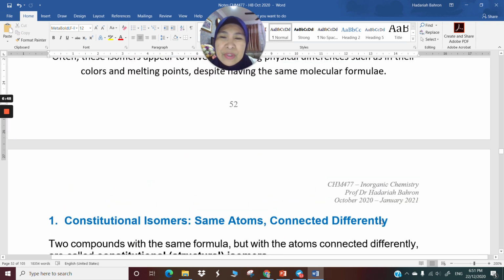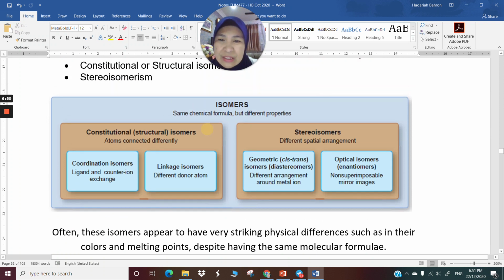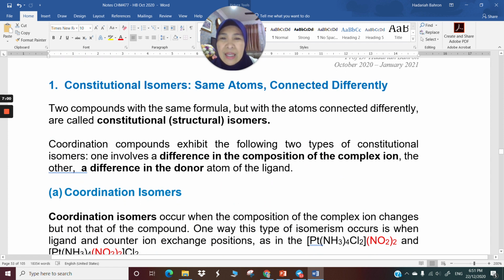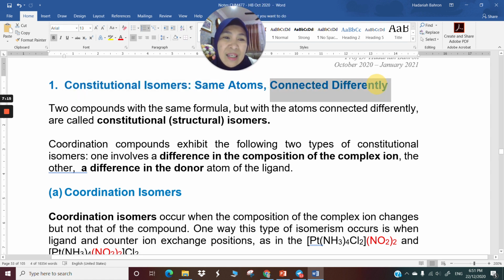Now, let's go through the first type, which is the family of constitutional or structural isomers, made up of coordination isomers and linkage isomers. Let's go through each one with examples to make things clearer for you. Constitutional isomers have the same atoms, but the atoms are connected differently.